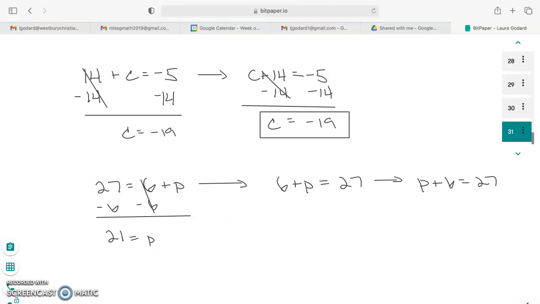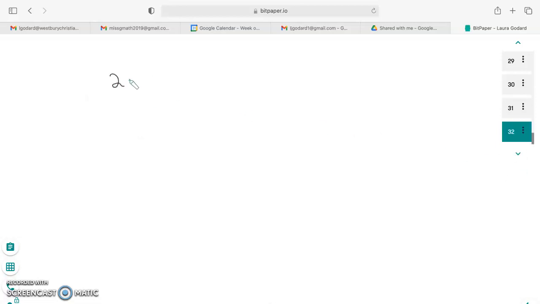The only thing that you do have to be careful of is about signs. So I'm just going to show you one more example. If this had said 27 equals 6 minus p, we're going to look at the 6 and focus on it. We need to get rid of that 6, so you're going to get rid of it by adding the opposite, negative 6.